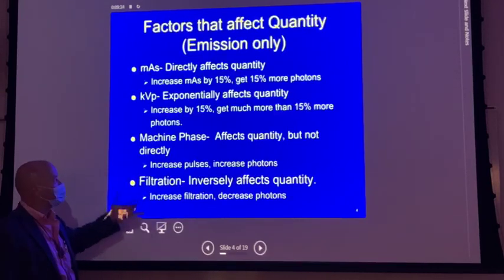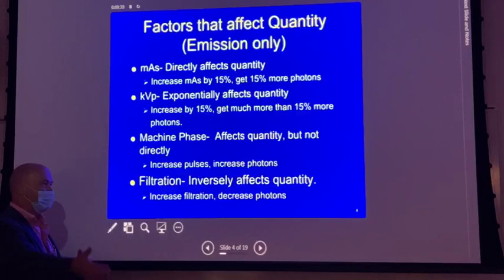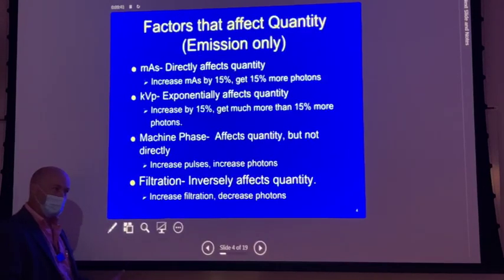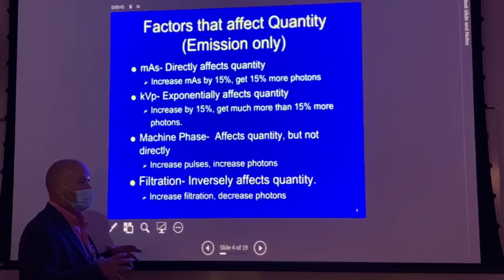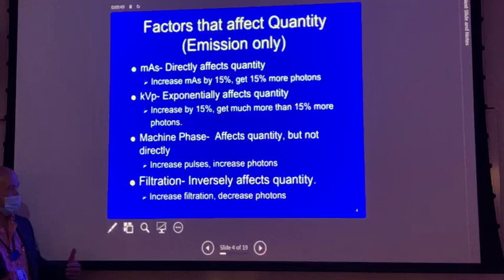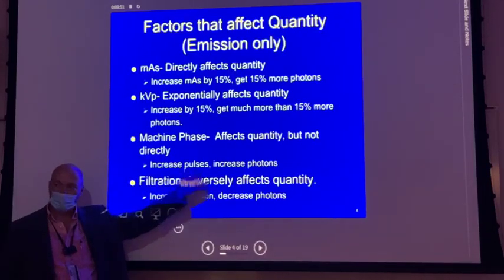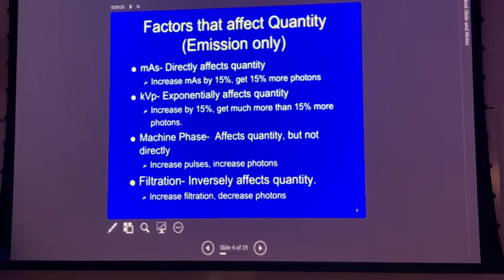So it's a direct exponential relationship. With machine phase, it really is kind of direct in that it goes in the same direction. But again, you've got changes in the imaging characteristics, whereas filtration, it inversely affects quantity, so that as you increase filtration, we lose a lot of numbers. And what we're going to have to do is reintroduce some of those numbers in a lot of cases.